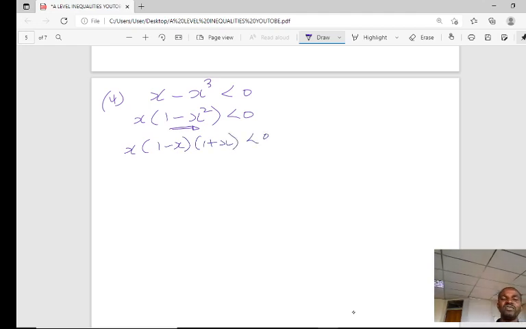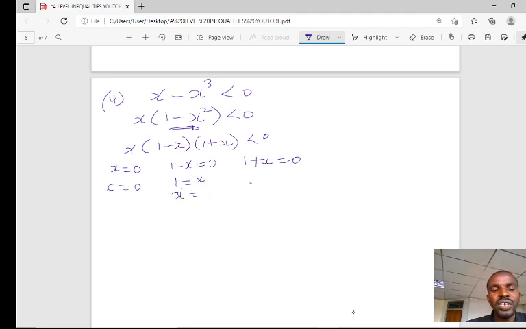So we have factorized. Now finding the critical values. So you take this x first, you say x is equal to 0, then you take 1 minus x is equal to 0, then you take 1 plus x is equal to 0, then you find the critical values. So this one, it will be x is equal to 0, or this one, if you can simplify, you can say 1 is equal to x, so x is equal to 1.